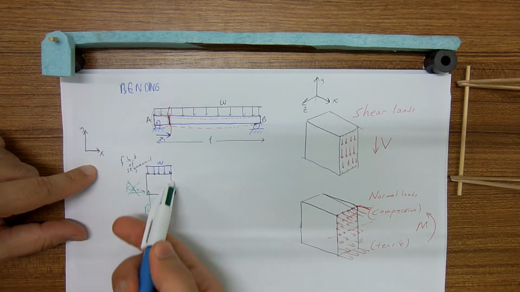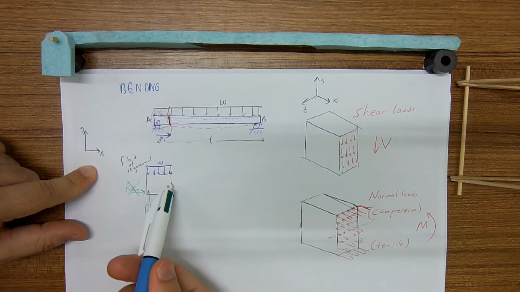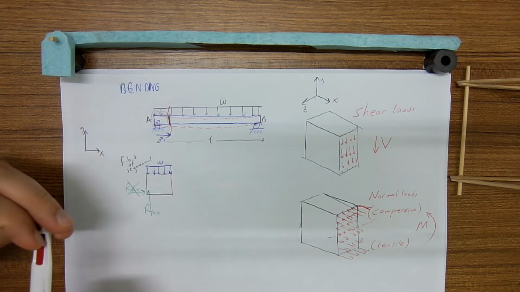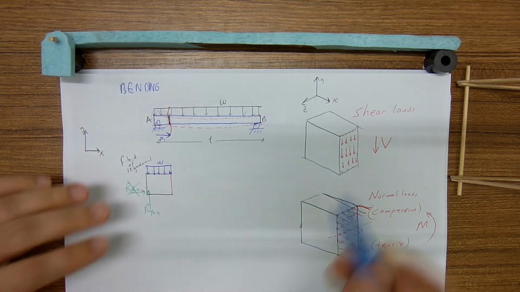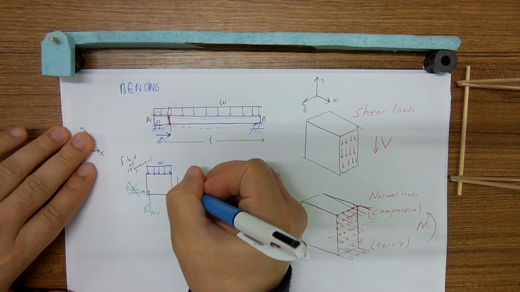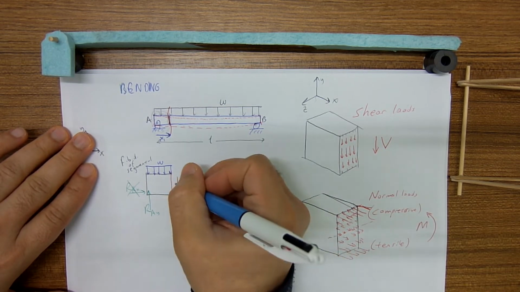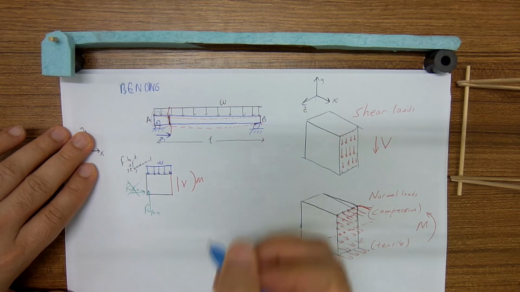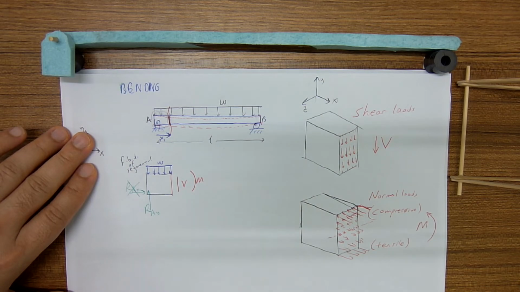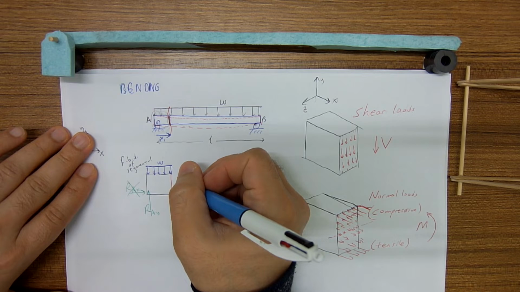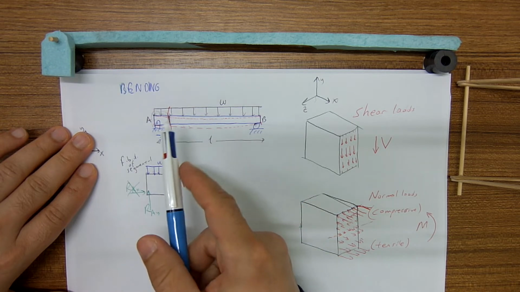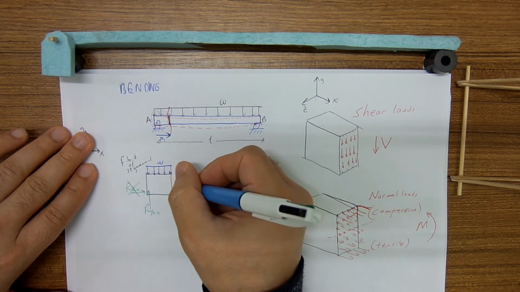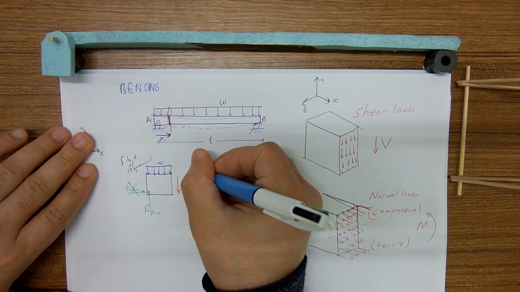In order to keep the segment 1 in equilibrium, there are internal loadings here. One is, as we said, shear force, the other is moment. If we want to give directions for this, it is downward for the shear force, and it is counterclockwise direction for the moment.